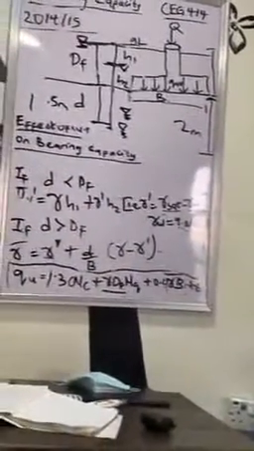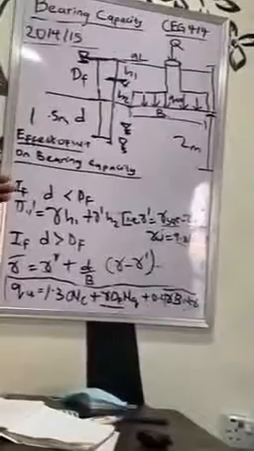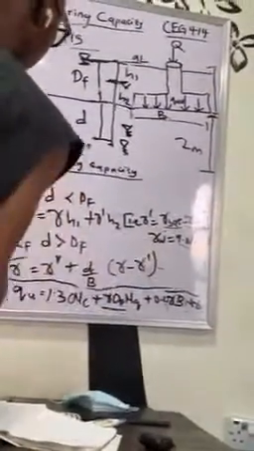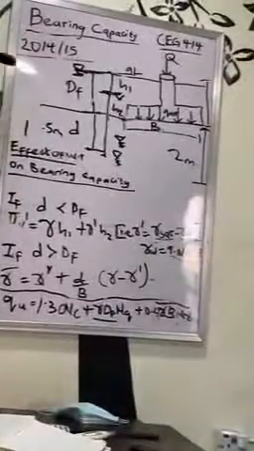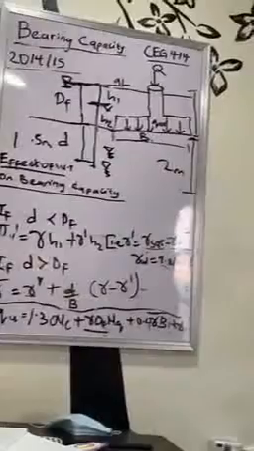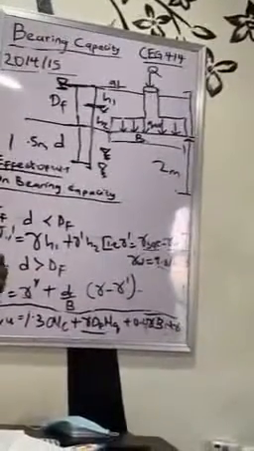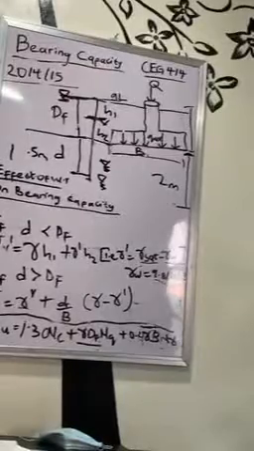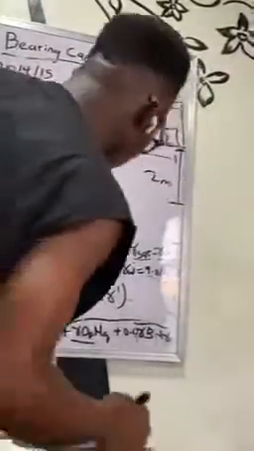However, after solving some past questions, I saw where the lecturer failed to put gamma saturated when the water table was below the depth of the foundation and still less than the base of the foundation. In those cases, just use your gamma as your gamma saturated. If it does not give you any moisture content, there's a relationship between your gamma dry and your gamma saturated.